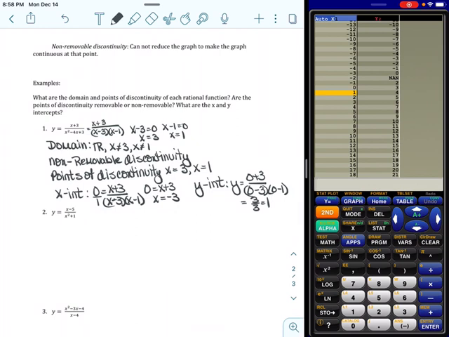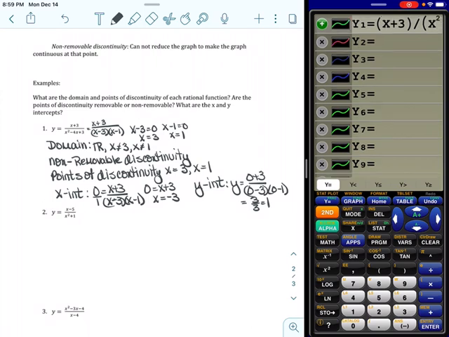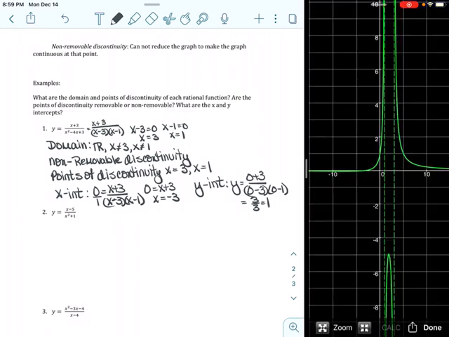Okay, now just to show you, again, I don't make this stuff up. Okay? All right, so if I put the function into our graph, okay, I'm going to put the original in. Okay, if I press graph, there we go.